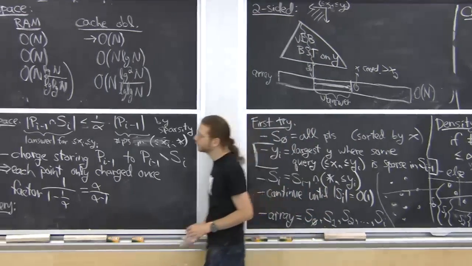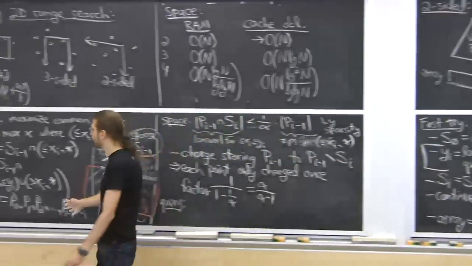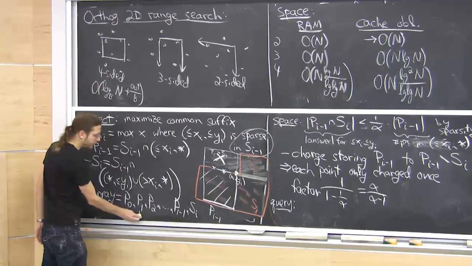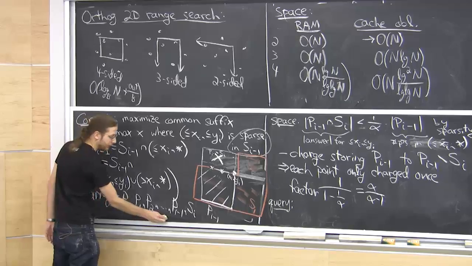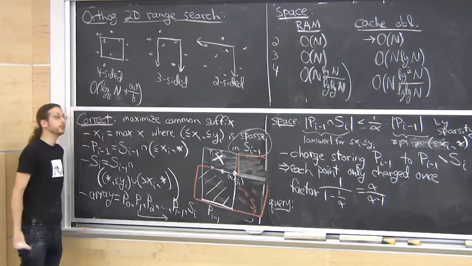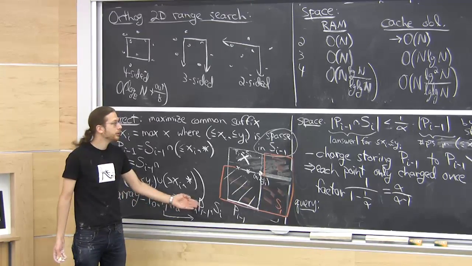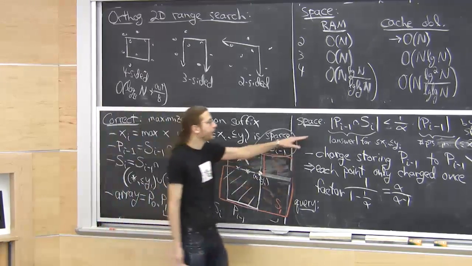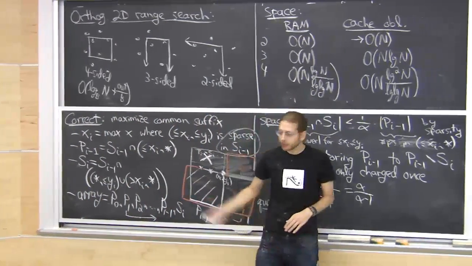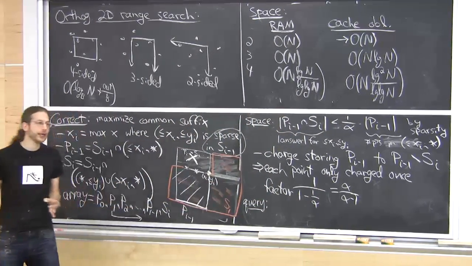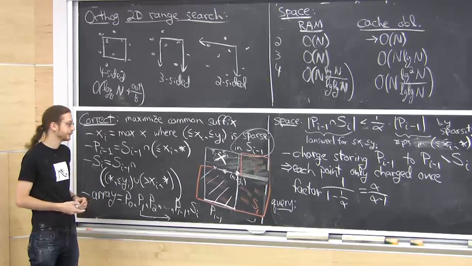We no longer have that luxury over here because we're using PIs instead of SIs. So it actually may be that a search starts in P1, but then has to go through P2 and has to go through P3. But it's okay, because the farther we go right, we have this sparsity condition that tells us the number of points we're looking at are getting smaller and smaller.